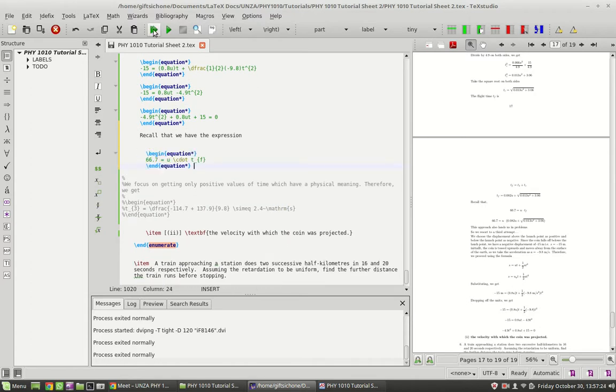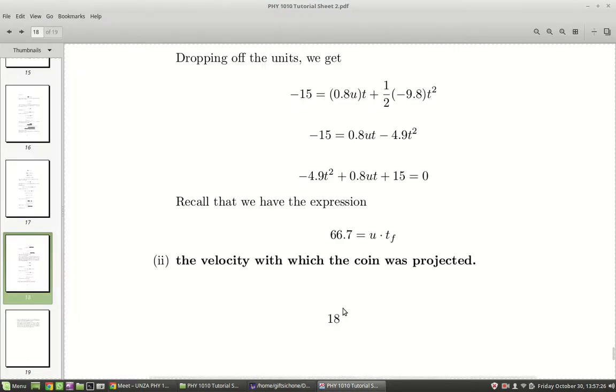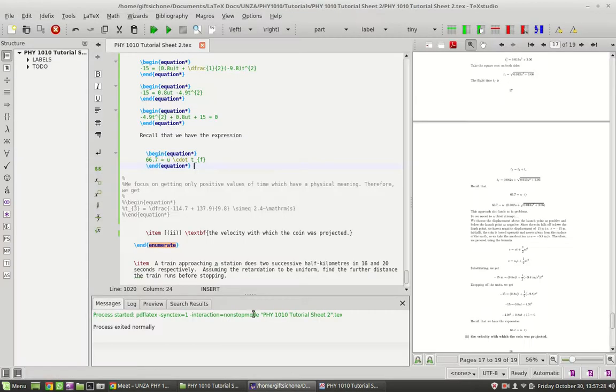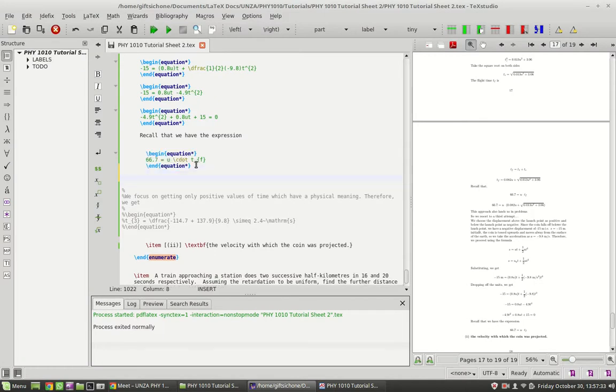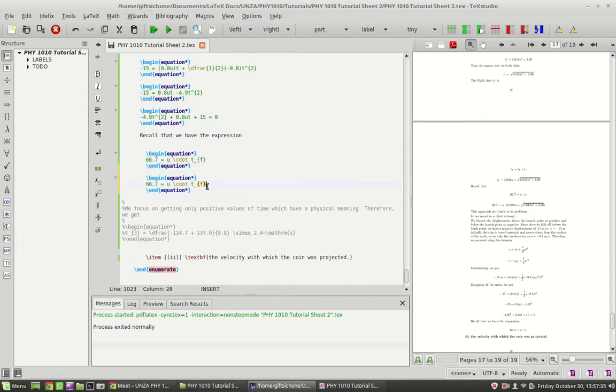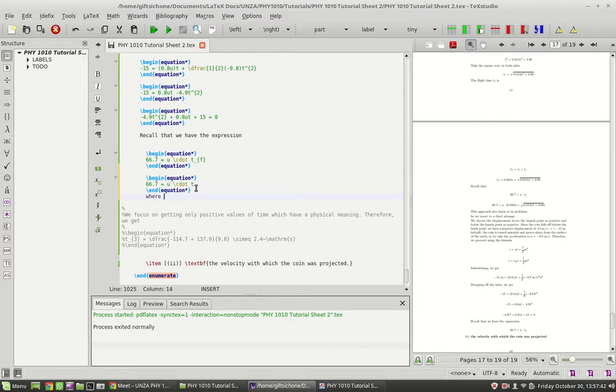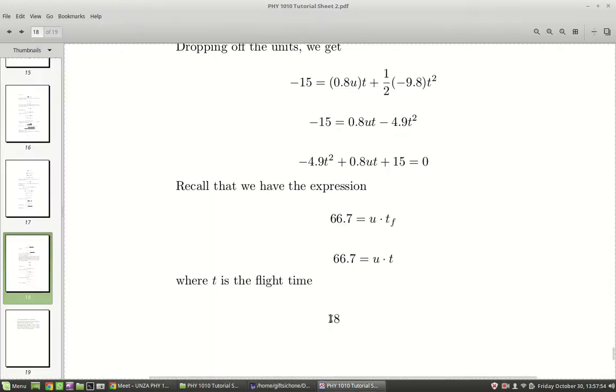That expression can just be rewritten as t, where t is the flight time.